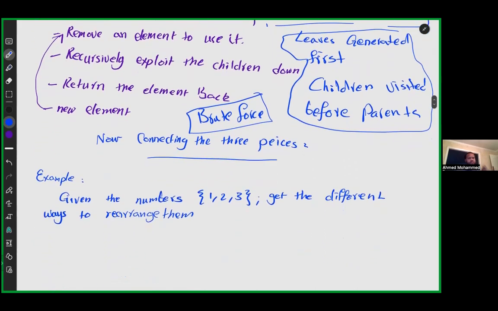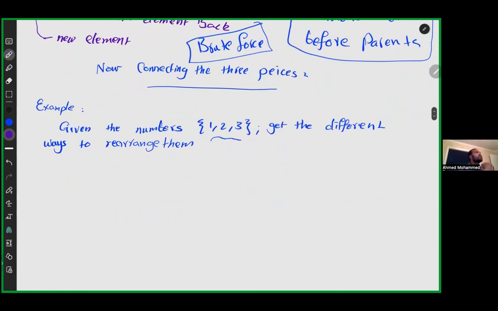Now let me put the three pieces together. Suppose that we want to generate all the permutations of the elements 1, 2, 3. First of all, let me introduce two things. We have the input and we have a bucket that is used to hold the currently generated permutation.